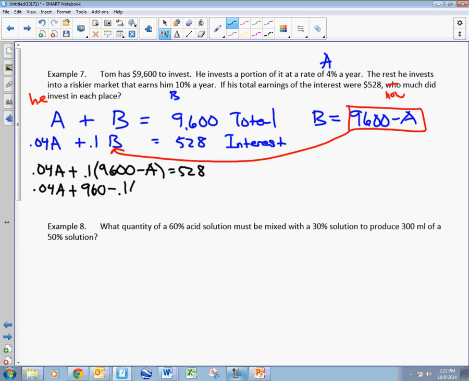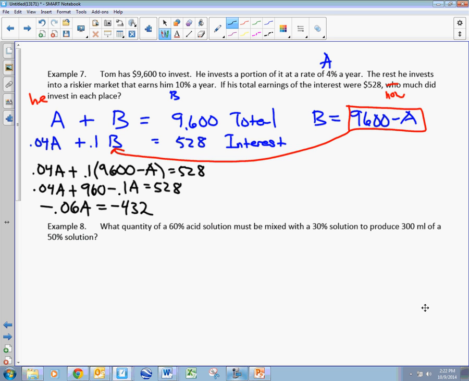Minus 0.1A is equal to 528. Combine like terms: 0.04A minus 0.1A is negative 0.06A. Subtract the 960 over: negative 432.